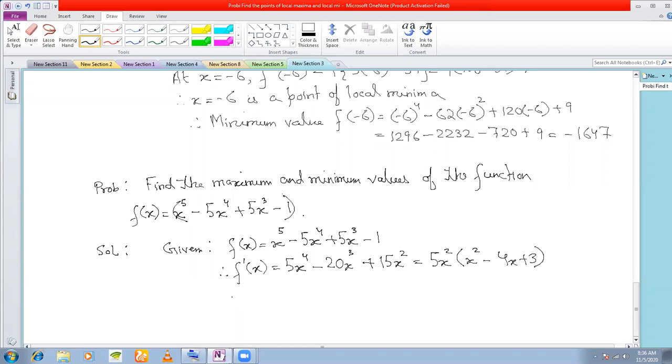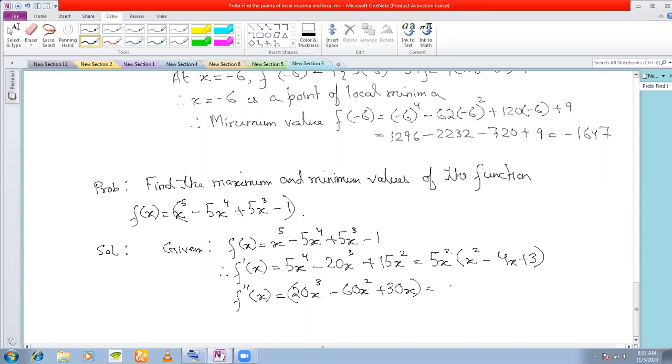Okay. Now you calculate f double dash x. Differentiate it from here itself. You will get 20x^3 - 60x^2 + 30x. Clear?